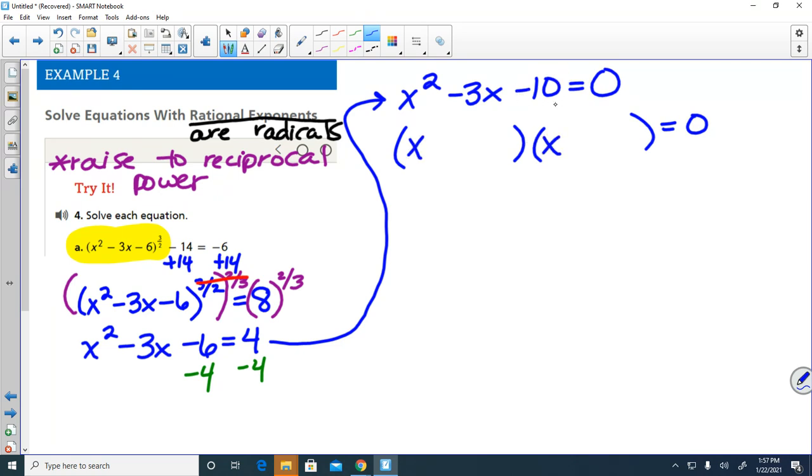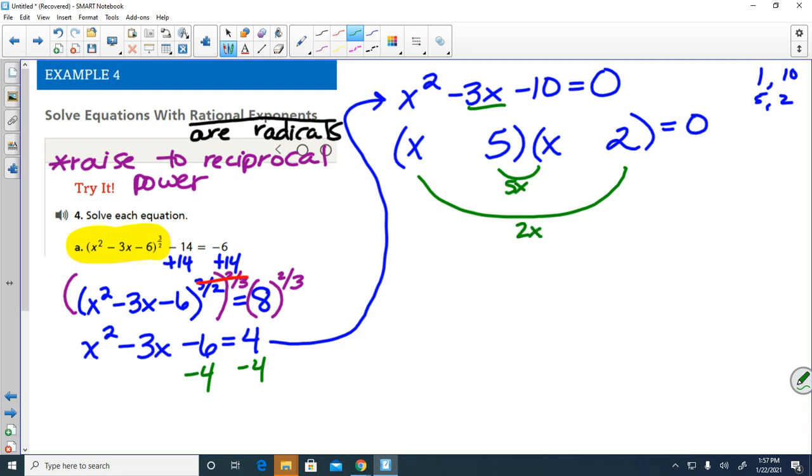Two numbers that multiply to be 10. I've got 1 and 10, 5 and 2. I'm going to try 5 and 2. Again, I want to make sure that this product plus that product is going to be negative 3. So I've got 5x, 2x. If I make the 2 positive and the 5 negative, that will give me negative 3. So minus plus here.